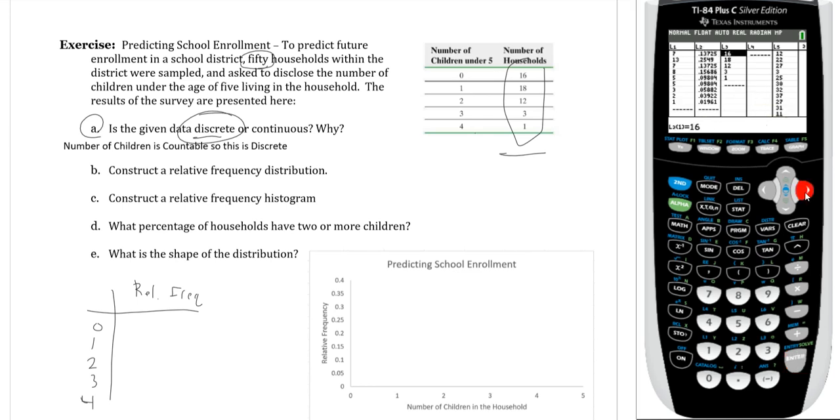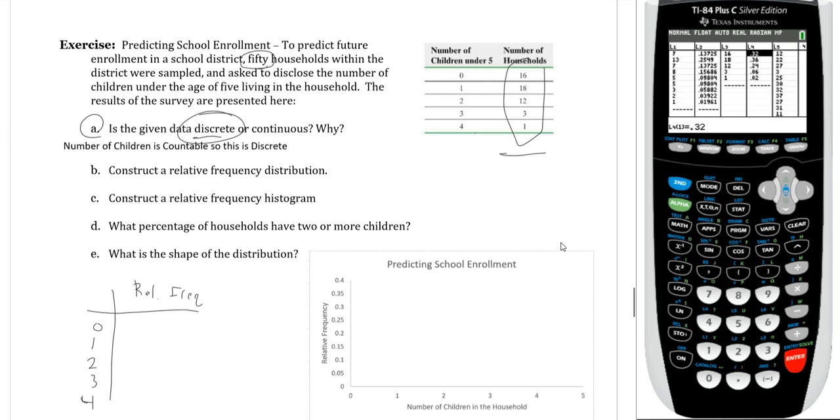So what I'm going to do is go into L4 like I did before, highlight the top of it, make sure I have L4 equals, and then do second 3 to grab all the numbers from list 3, where my numbers are, and I'm going to divide L3 by 50. Hit enter and we get our decimal values.